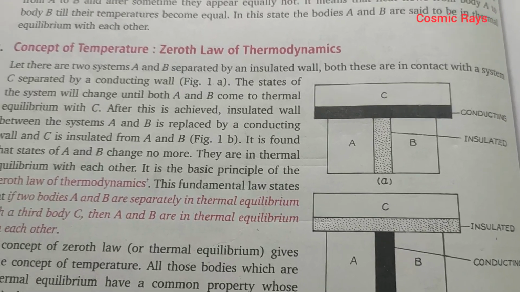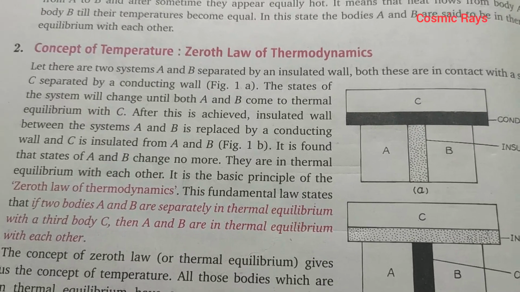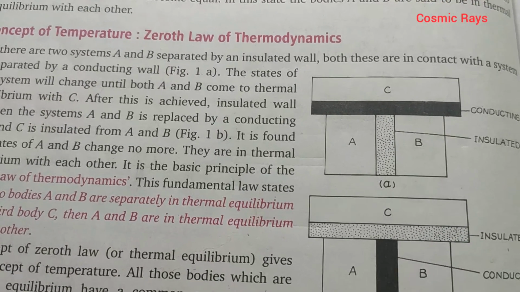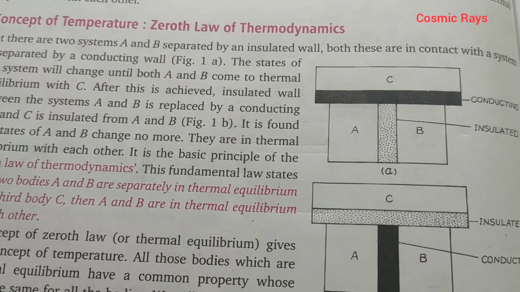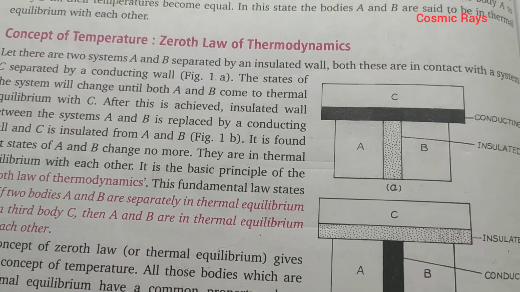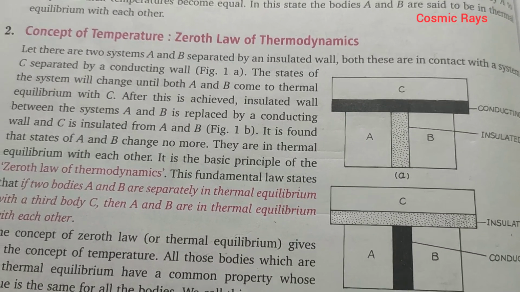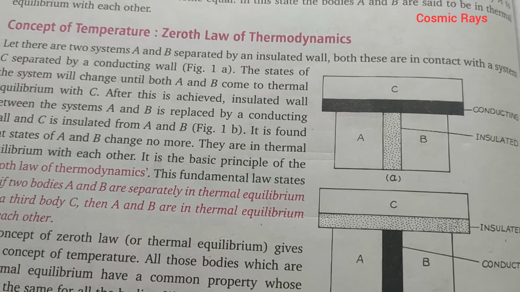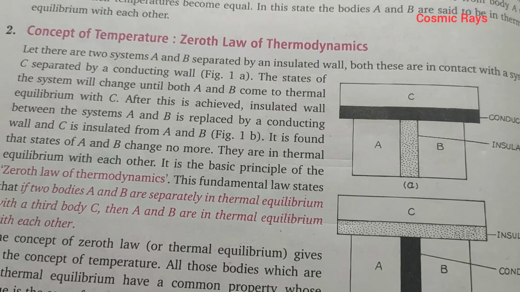This is very strange, as in any of the physics topics the laws start from first law, second law, but this is the only topic where we have the Zeroth Law. Zeroth Law of thermodynamics gives us the concept of temperature. Now, why do we call it Zeroth Law and why not the first law or second law?